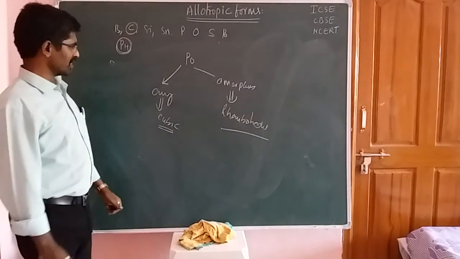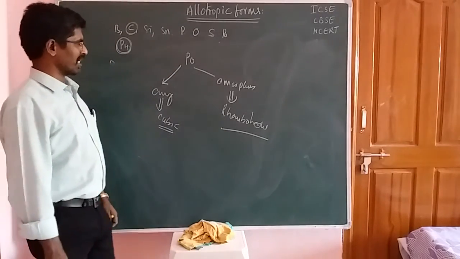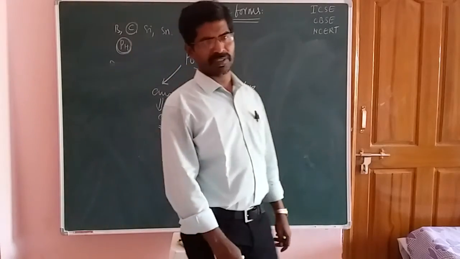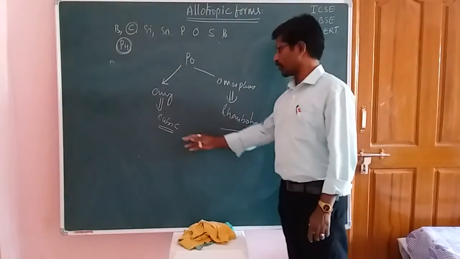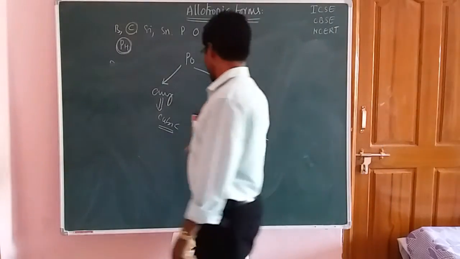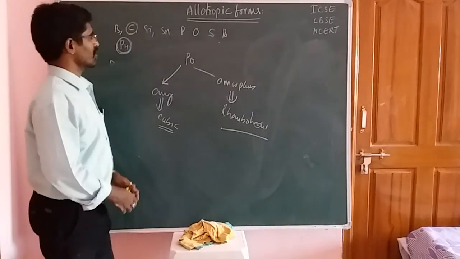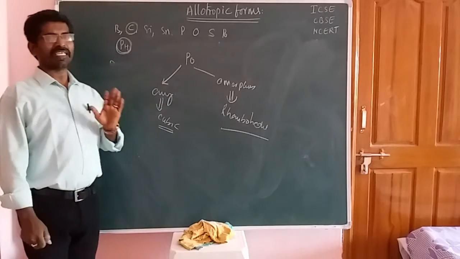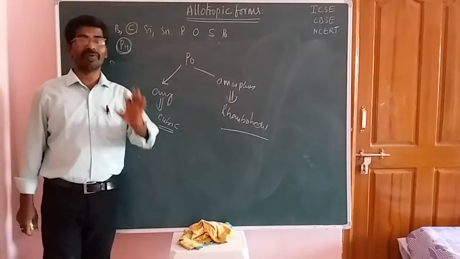So polonium exists in two forms: crystalline, which is cubic in nature, and amorphous, which is rhombohedral in nature. So these elements exhibit different types of allotropic forms.